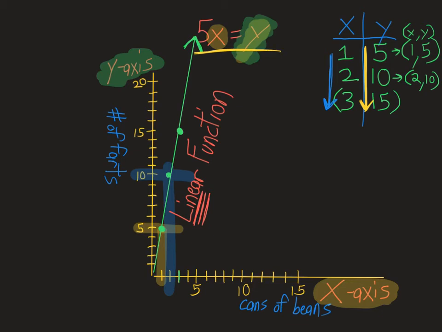So this would just continue forever. One of the reasons we use linear functions in the real world is to have predictability. So let's say I've never actually tried, let's just be crazy, I've never in one sitting had 10 cans of beans. But if I did decide to eat 10 cans of beans, can we decide how many farts would end up happening?